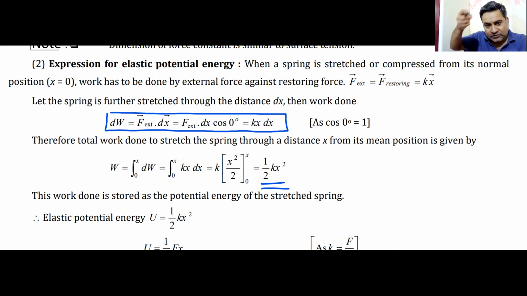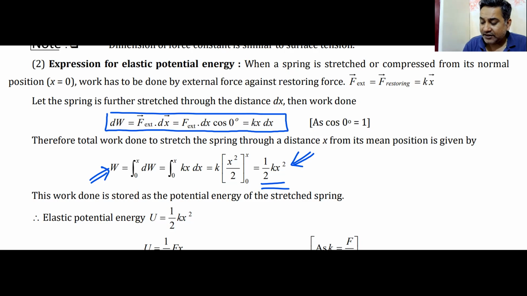If I have to stretch the spring, I will have to do some work. That work is stored as energy. And how much is that work which is stored as energy? It is simply equal to half kx squared.